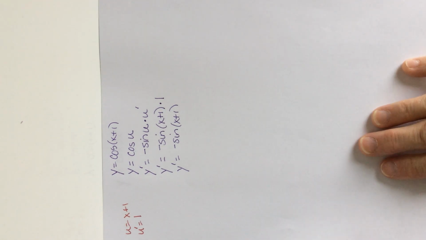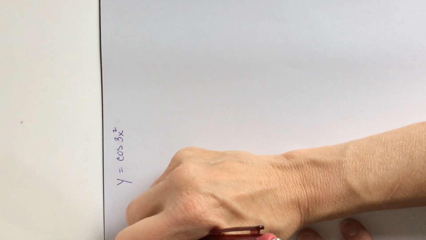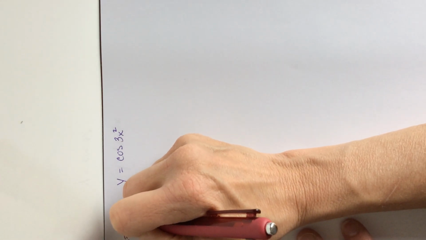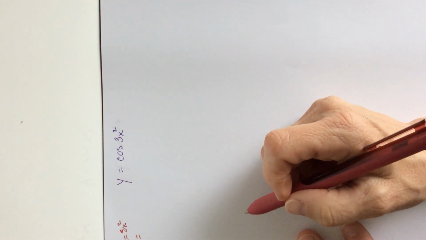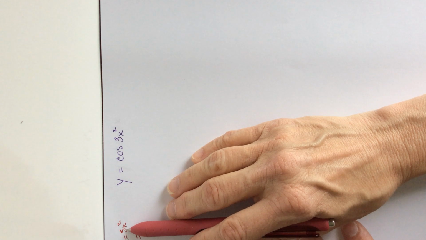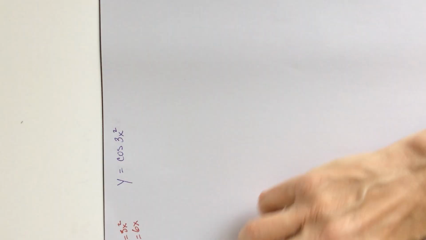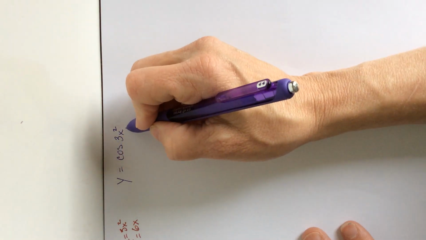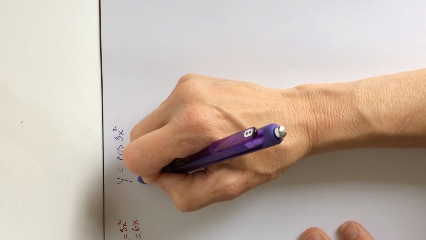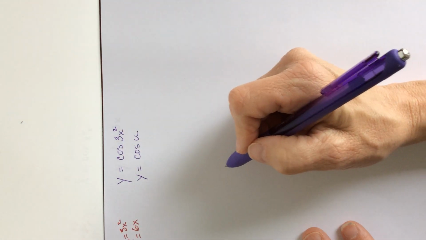So moving on to our next example. This time, let's let u equal 3x squared. We know that we will need u prime, and so the derivative of 3x squared is 6x. So now I'll rewrite y equals cosine of 3x squared as y equals cosine of u.